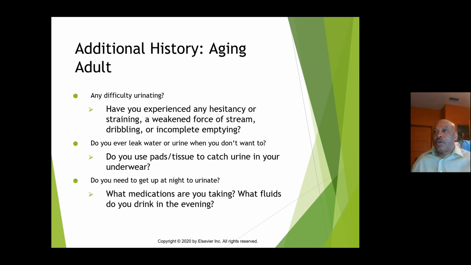In other words, that fluid, especially if it third spaces or goes into your tissue, comes back into your vascular space and then returns to your heart. And then, of course, the left side of your heart at some point pushes that blood out, it gets to your kidneys, and you start making a lot of urine. And of course, now you're up all night. So think about that as well with these patients.